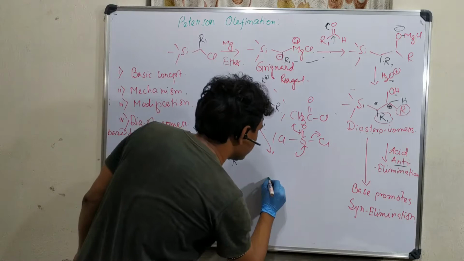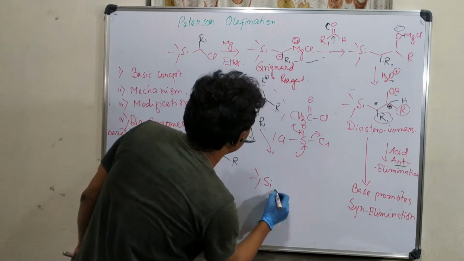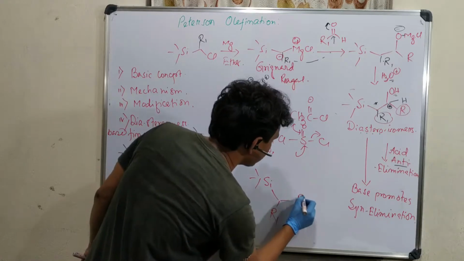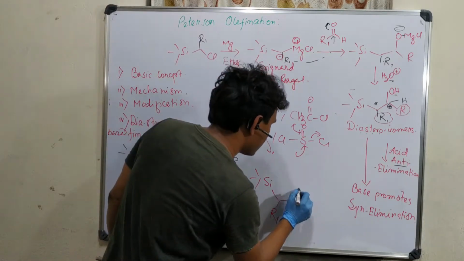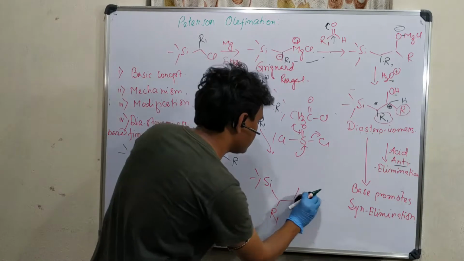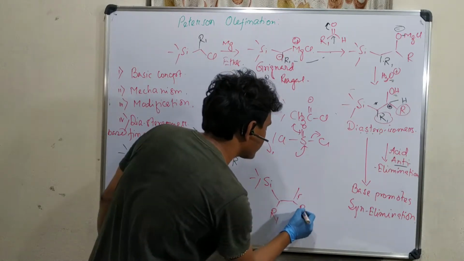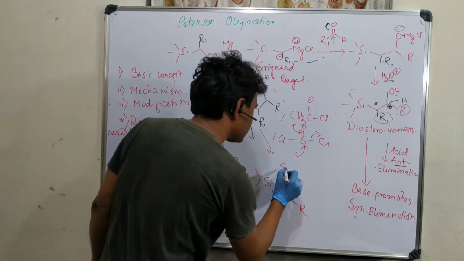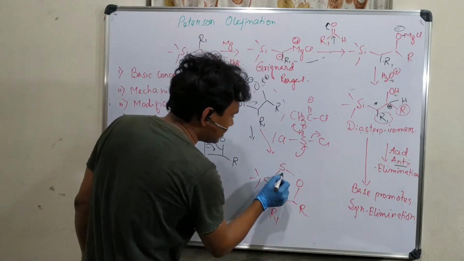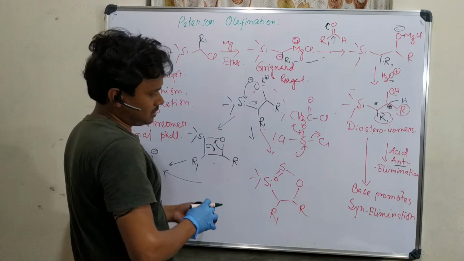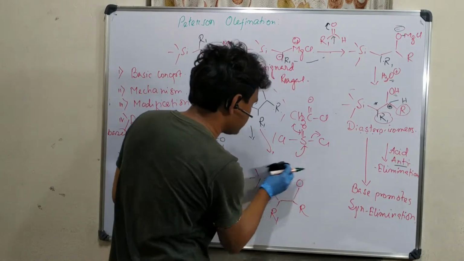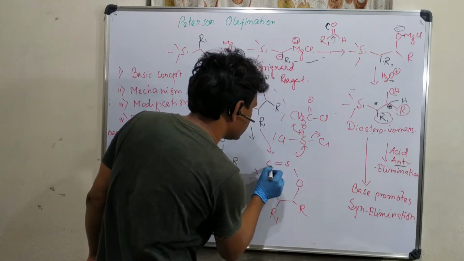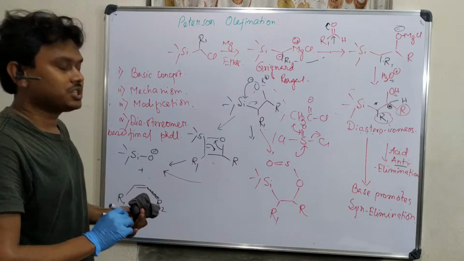It will produce a silicon with R1, R, here O, here sulfur, here oxygen. Okay, my drawing is a little bad. Let me draw it better. Sulfur, oxygen.